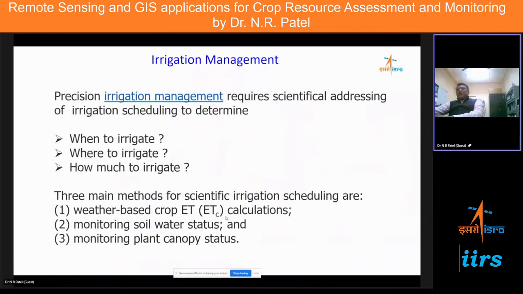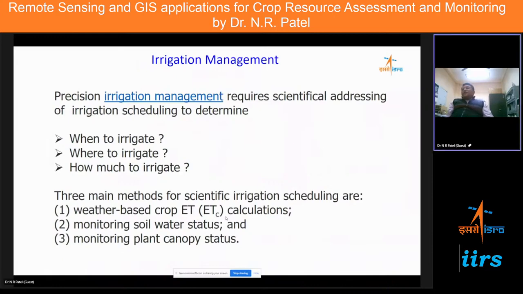Fourth is irrigation water management, which is also one of the important aspects of agriculture. When to irrigate, how much to irrigate, where to irrigate. This kind of decision is not possible without advanced technology like UAV, unmanned aerial vehicles, or hyperspectral remote sensing.